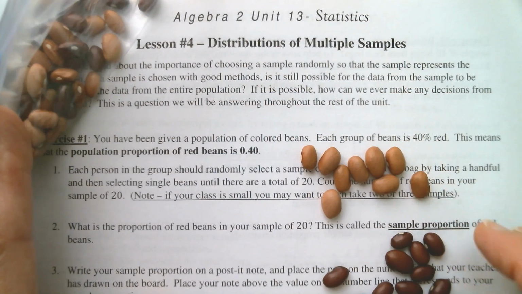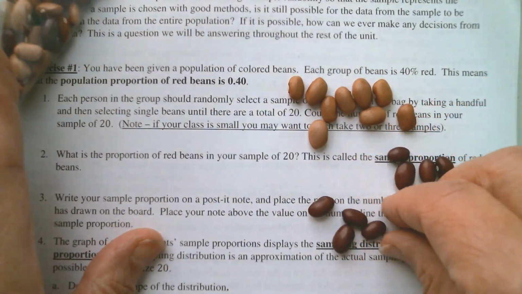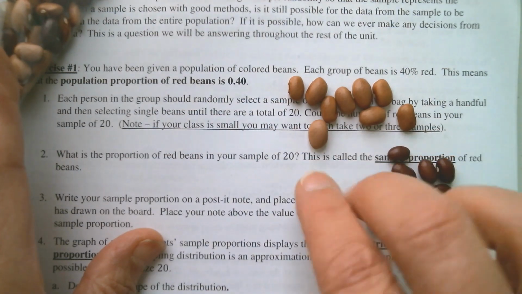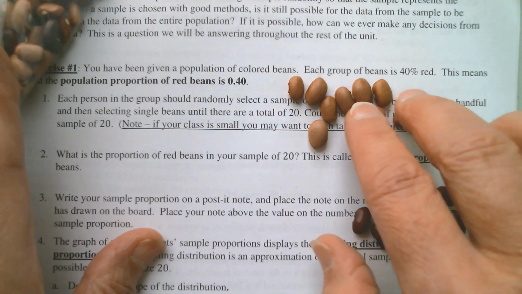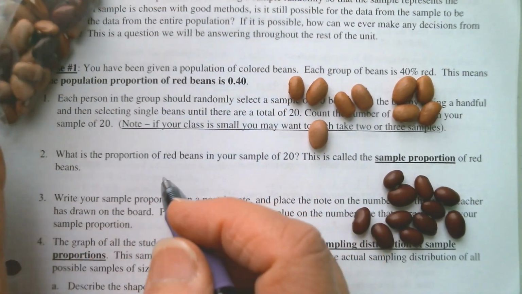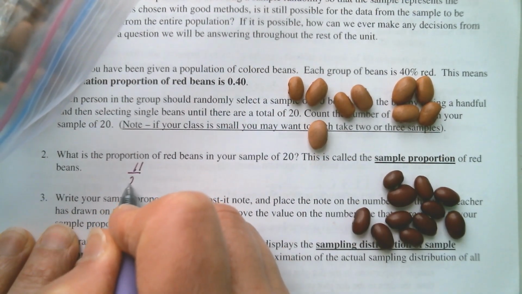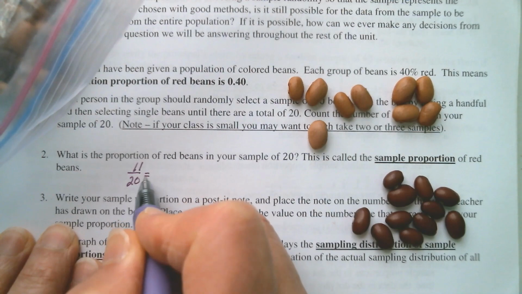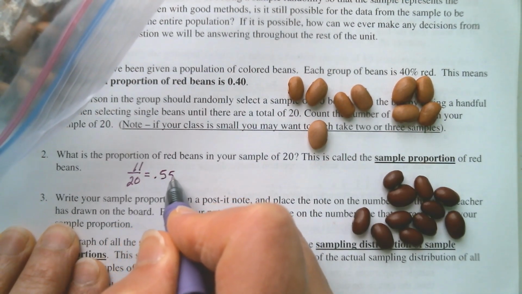Let me double check. 2, 4, 6, 8, 10, 11. Good thing I double checked. And so there should be 9 tan beans: 2, 4, 6, 8, 9. Okay, so the proportion of red beans is 11 out of 20. And as a decimal, that is 0.55.